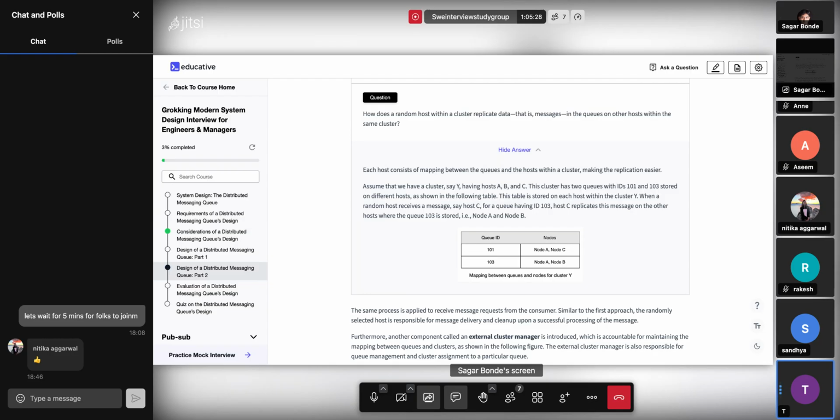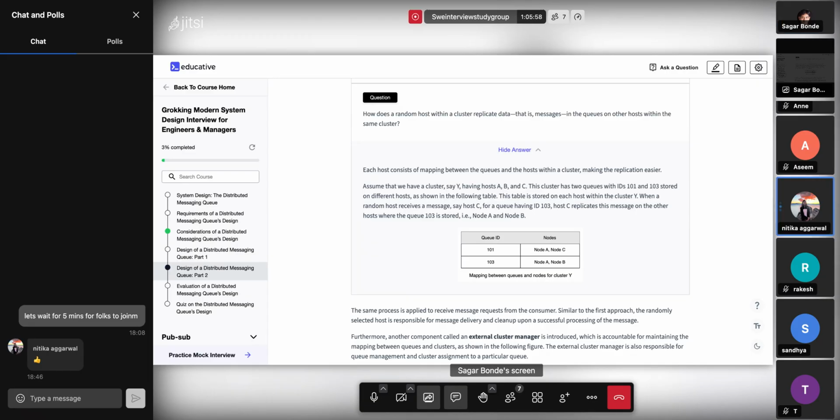So if a 101 queue ID request goes to a correct node, for example node A, then node A makes sure that it also gets replicated on node C? Yeah, definitely. Since node A itself has the data, if it is putting any message into itself, it will also ensure that it is put into the rest of the nodes as well, like node C here.